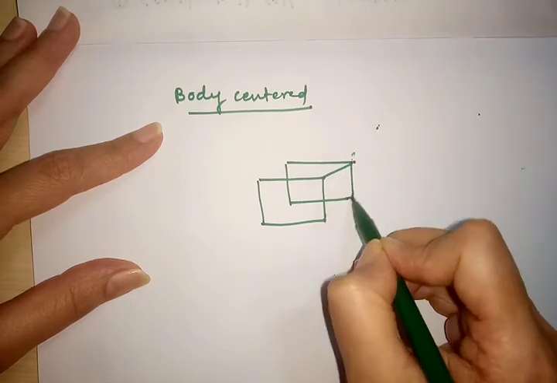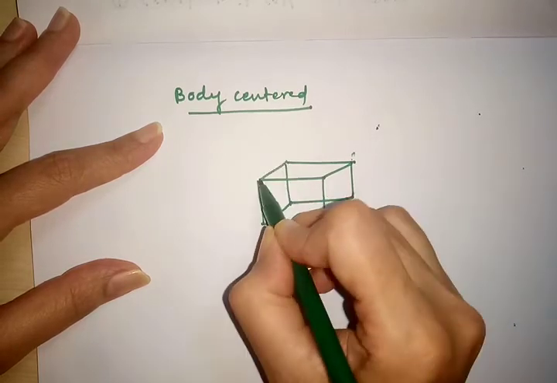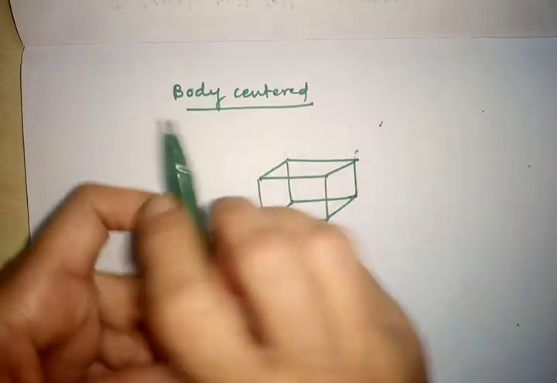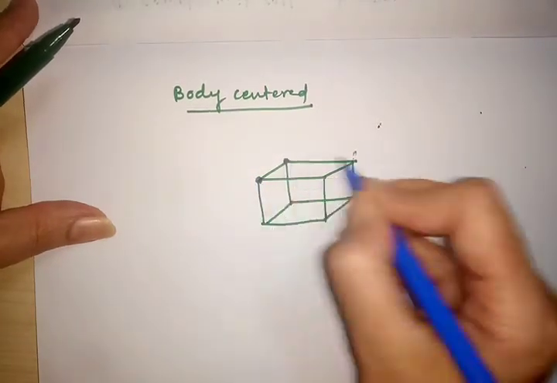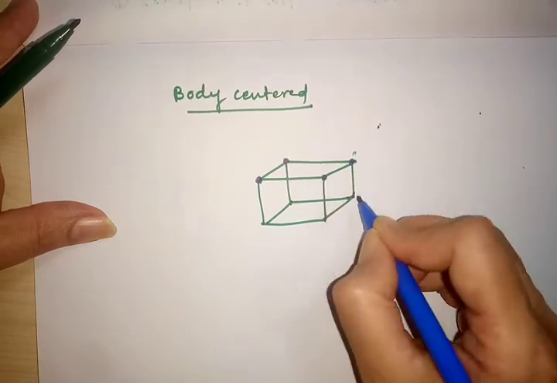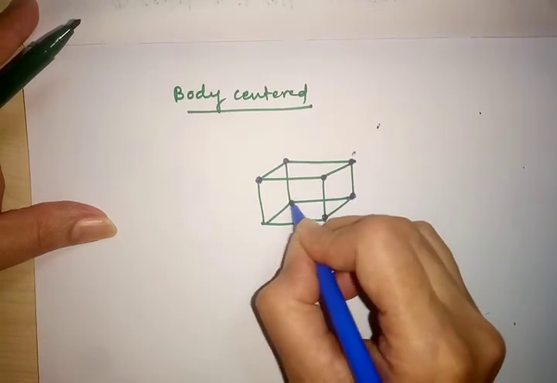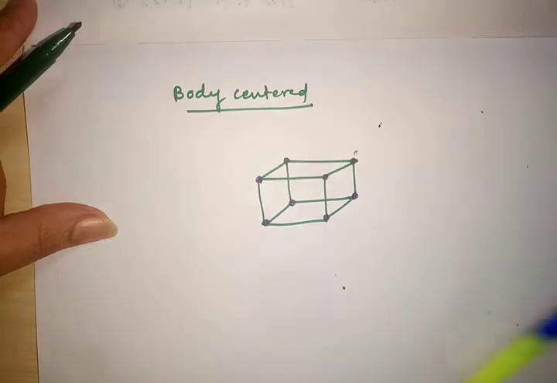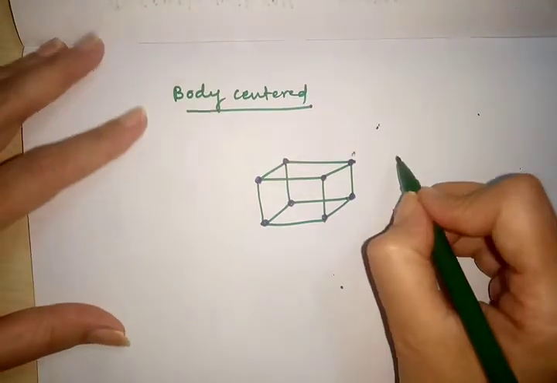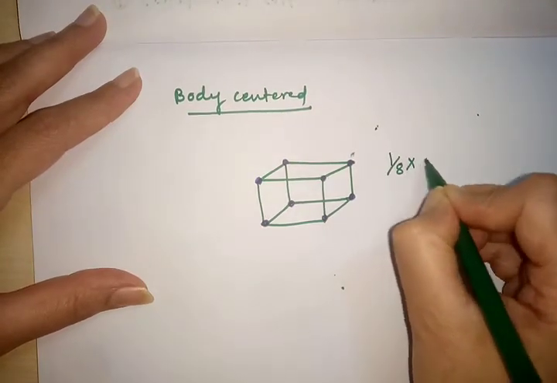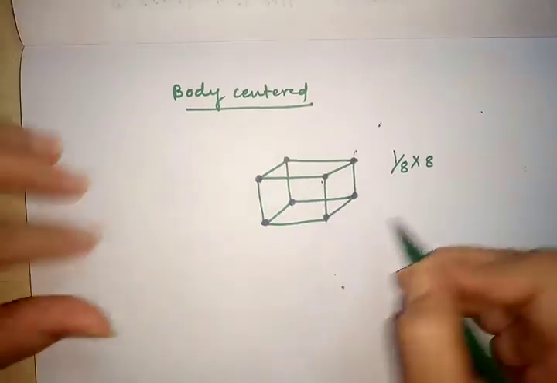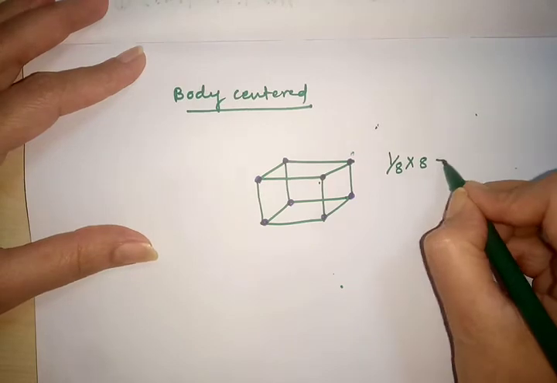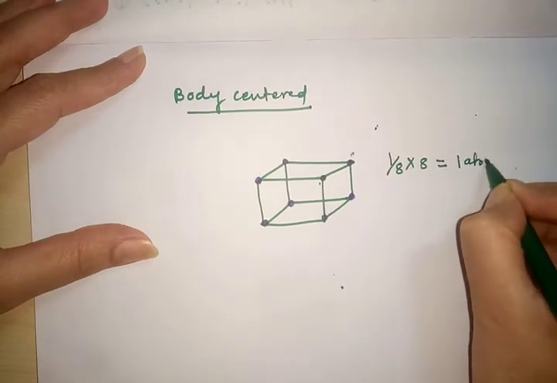Now this, as I already told, has particles at all the 8 corners. So the total contribution for these 8 corners will be 1 by 8 into 8, because each corner particle would be shared by 8 other unit cells. So the total contribution here will be 1 atom.